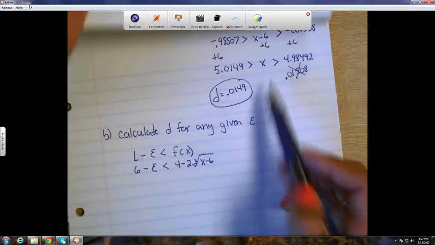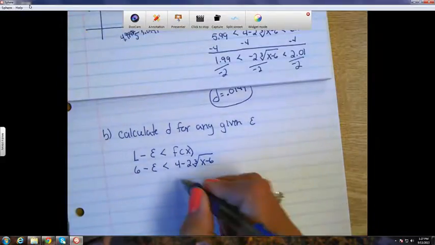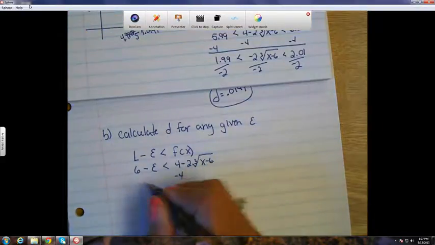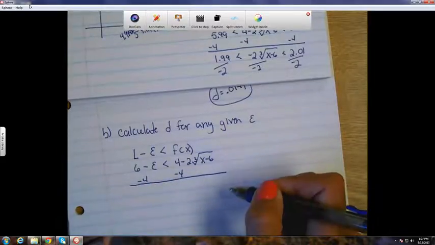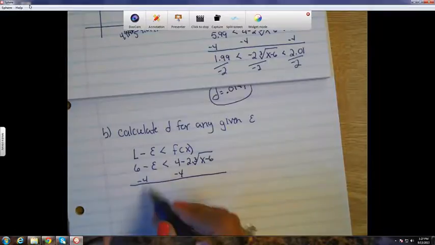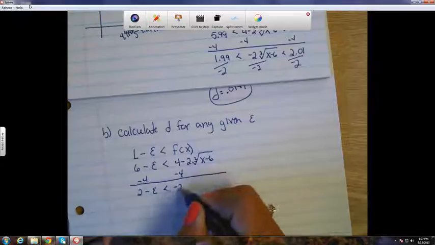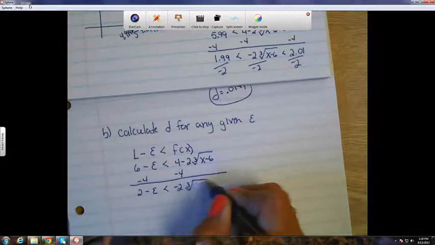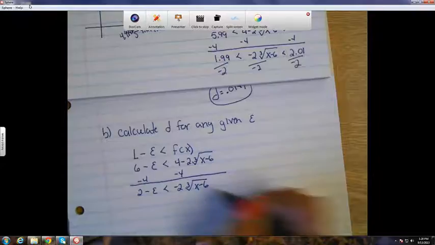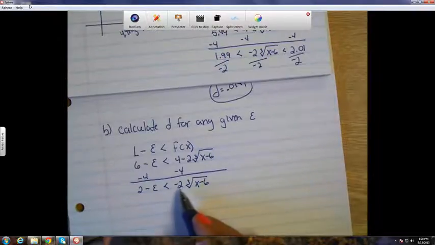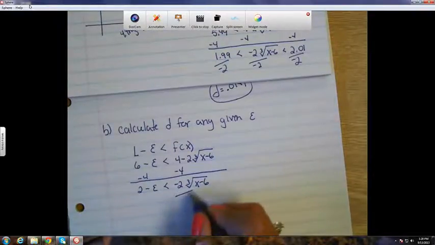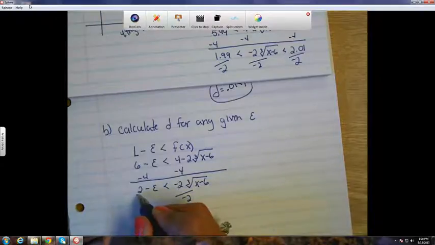I think it took us 4 steps. First thing we did was we subtracted 4. So I have to subtract 4 from this side. So what I can combine here is 6 minus 4 gives me 2, and I still have this minus epsilon. Here's negative 2 cube root x minus 6. Next thing we do is we got rid of the negative 2 by dividing. You have to divide the whole side by negative 2.